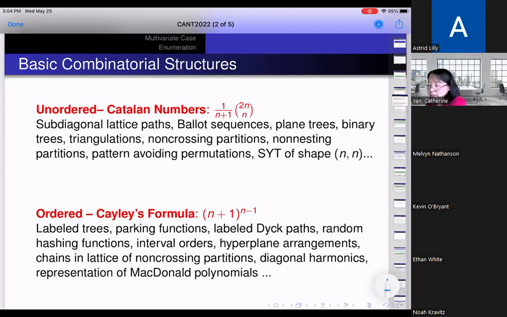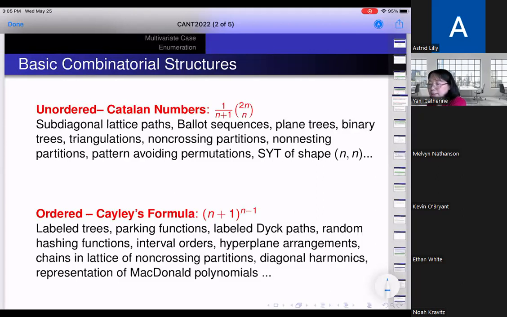The typical example is the sub-diagonal lattice path I just drew, but it also includes valid sequences, plane trees, binary trees, triangulations of a plane polygon, non-crossing or non-nesting matchings and partitions, a lot of pattern-avoiding permutation problems, and some standard Young tableaux.